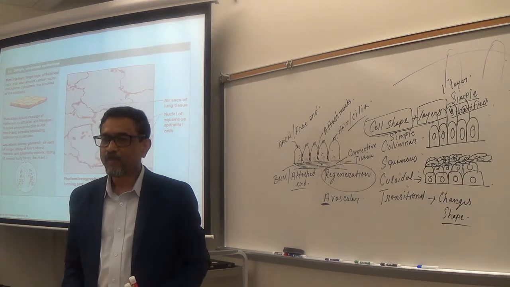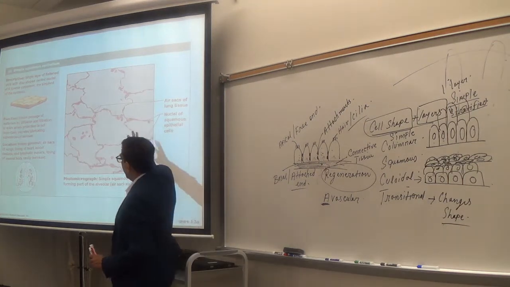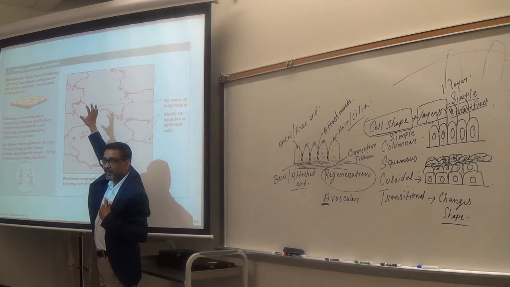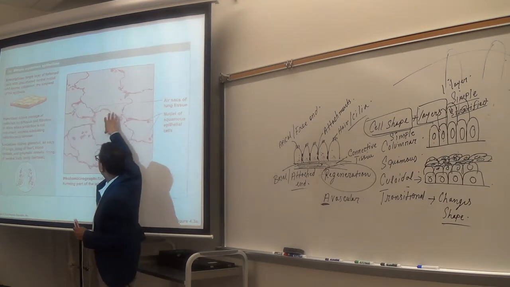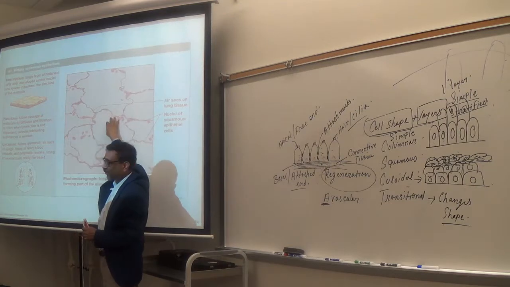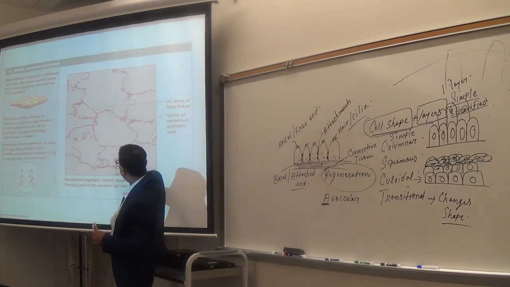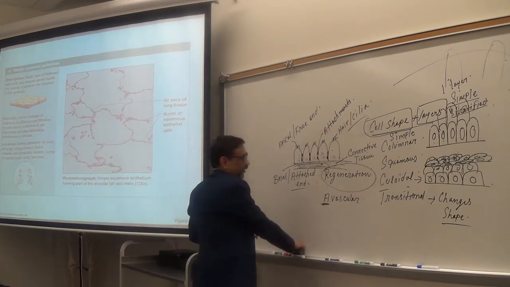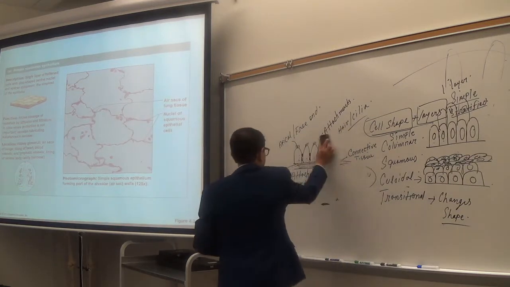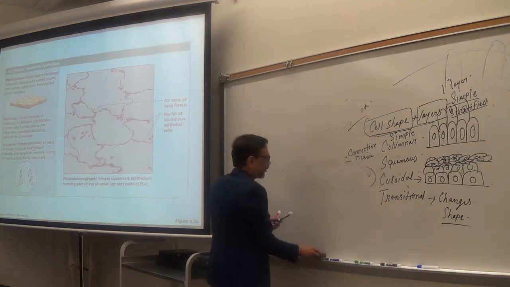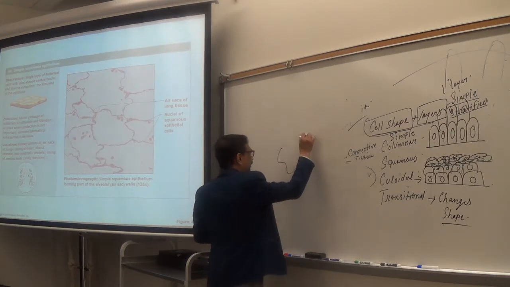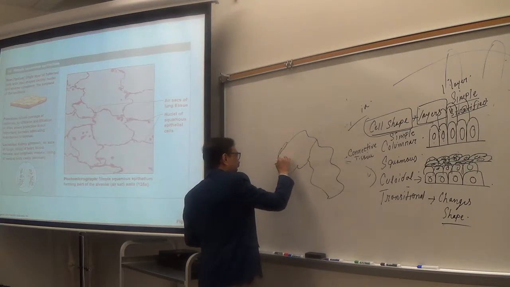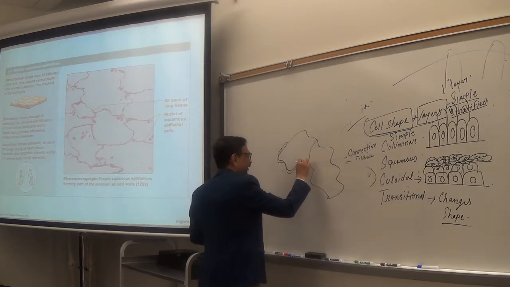The locations. You tell me, these are alveoli. Where do you have alveoli in the body? Inside the lungs, right? You know that. So these are alveoli under the microscope. In the wall of the alveolus, you have this epithelial tissue. Let me draw it here so you will be able to understand. So, alveolus. Now, in the wall, if you look carefully under the microscope, the cells are like this.